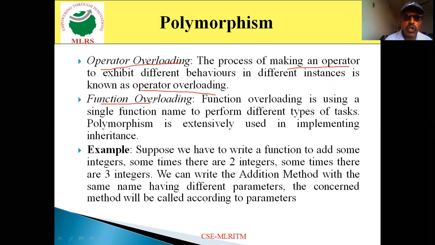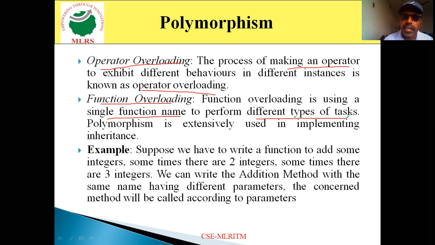Similarly, function overloading. Function overloading means we specify one function name, and this one function name is going to perform different types of tasks. Assume the name of the function is area. This function name is only one, but I can calculate the area of a rectangle by specifying area as the name of the function.